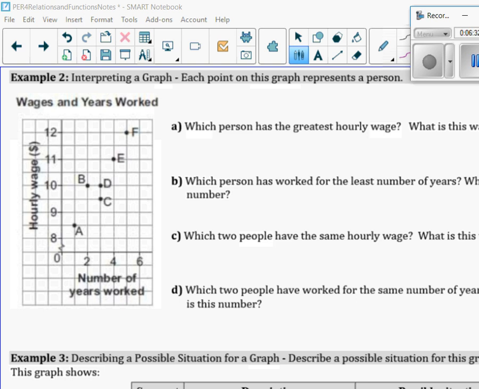F. What is it? Yeah, $12 per hour. Or you can just say $12. Which person has worked for the least number of years? Yeah. A. How many years? 1 year. Make sure you're putting your units because that's an error code, right?